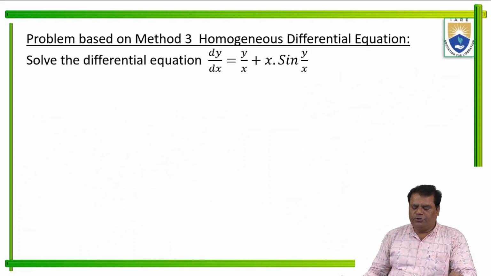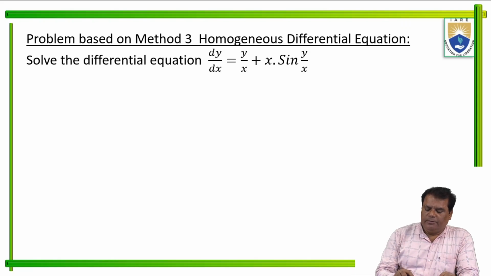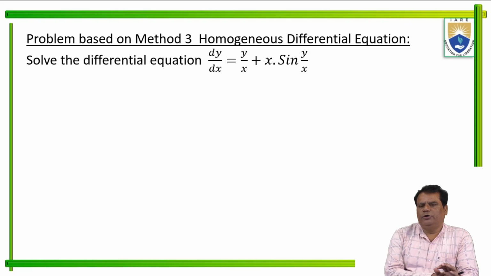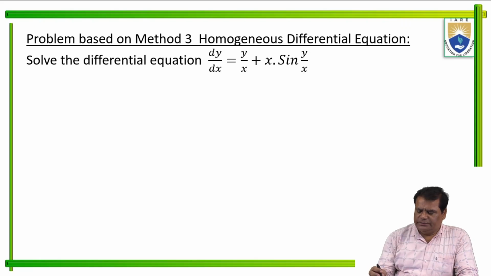Next, problem based on method 3, homogeneous differential equation. This problem I am solving: dy/dx equal to y upon x plus x sin y upon x. So here this term, numerator and denominator y upon x, so this is variable separable.